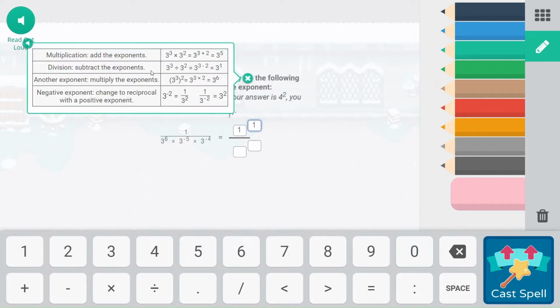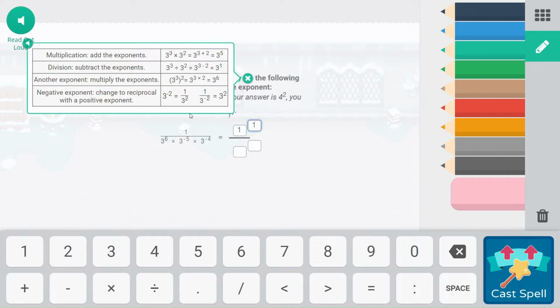Okay, negative exponents change to reciprocal with a positive exponent. So we're going to go ahead and invert these. 3 to the negative 2nd becomes 1 over 3 to the negative 2nd. 1 over 3 to the negative 2nd, that's going to equal 3 squared.